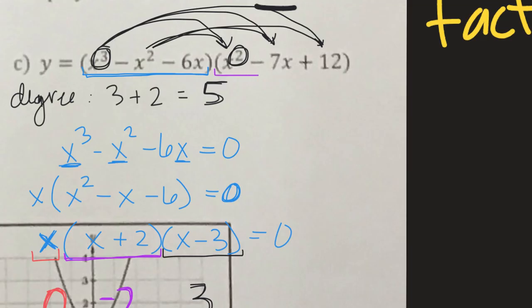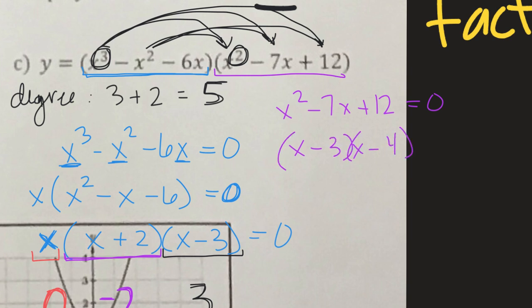So now we're looking at this one. X squared minus 7x plus 12 equals 0. I told you this was intense. Some of these can be very mathematically dense. So this factors to x minus 3 and x minus 4.